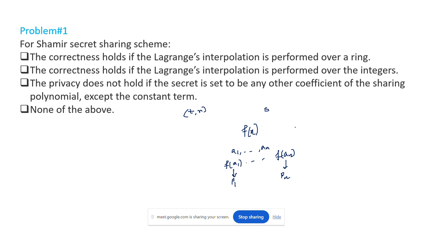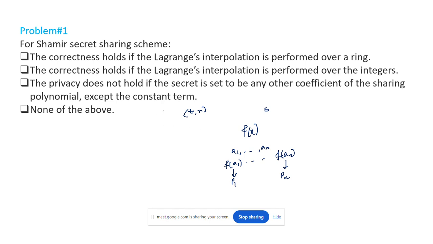Now if that secret S, instead of being the constant term, is positioned at some x to the power i term, then you just have to know the exact position, at which coefficient it has been placed, and with that information you can always retrieve the particular coefficient value. Once you have uniquely determined the function, you can always get the secret value.